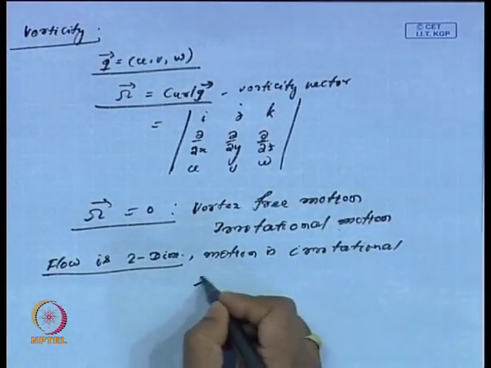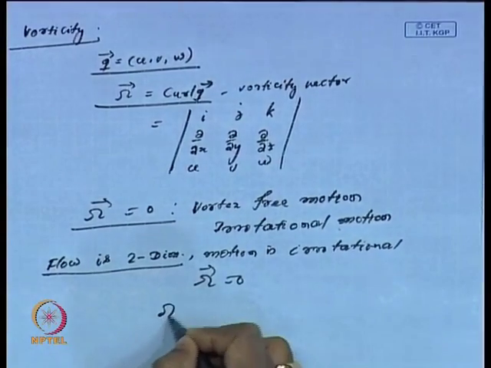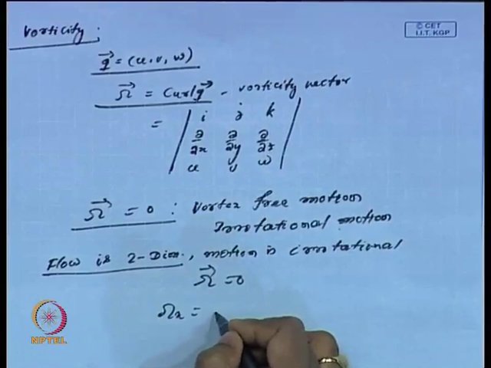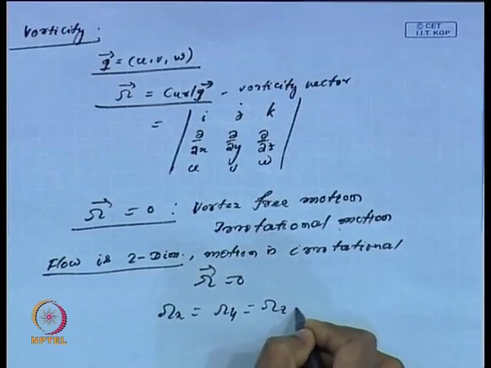Then we have omega bar equal to 0, which gives omega x equal to omega y equal to omega z equal to 0.